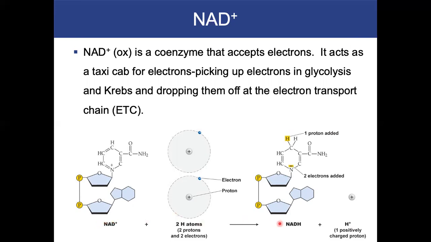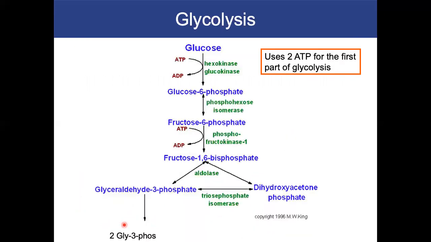Then it drops off the electrons and the proton at the electron transport chain, and it regenerates to NAD plus. So it keeps toggling back and forth. You always have to have NAD plus and FAD plus to do metabolism.